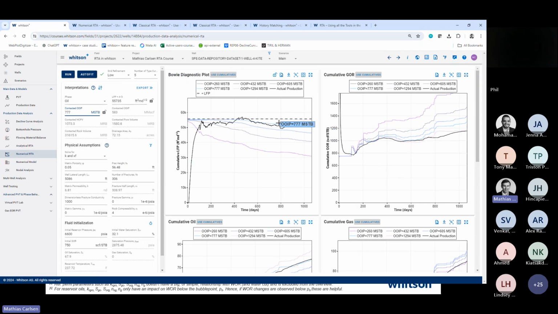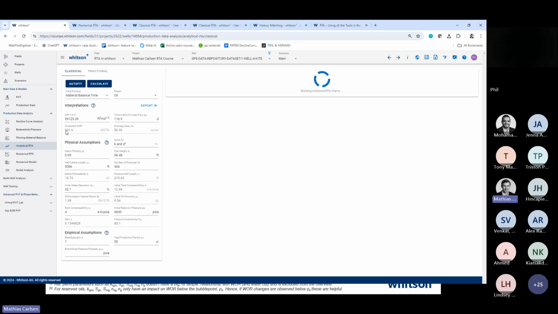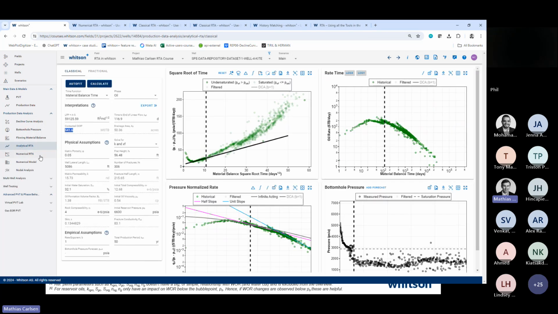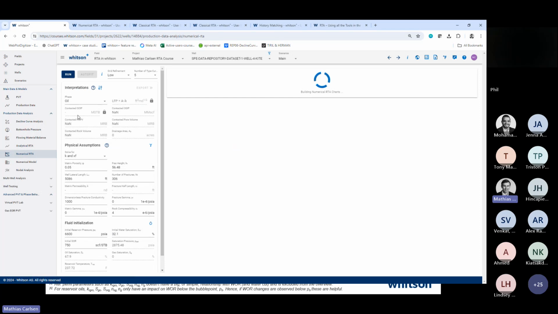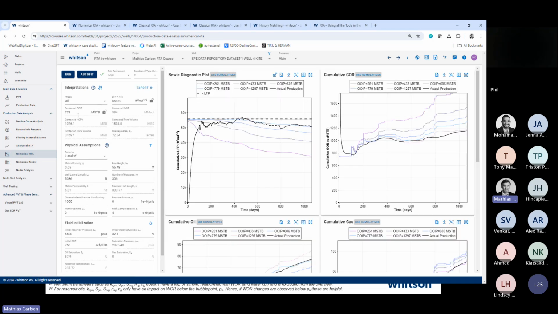But this is the best pick, and that's picked automatically by the software. And it looks like here we're in boundary dominated flow at some point. It happens around 450 days or so. And if I compare the pore volume I got from my analytical RTA, I get a larger pore volume in numerical RTA, and that's in general what I'm seeing, at least for oil systems, condensate systems, near critical fluid systems and so on.